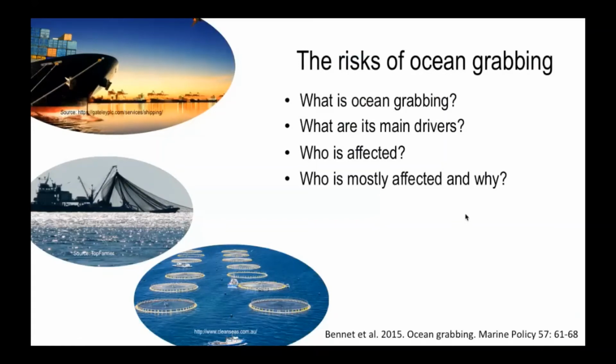This was used with green grabbing, when even conservation NGOs were using parts of the land to promote conservation, but at the risk of excluding locals that were already there. And now we see that there is a real risk of ocean grabbing, with people being excluded from their own areas, having their access denied to the places where they're used to.